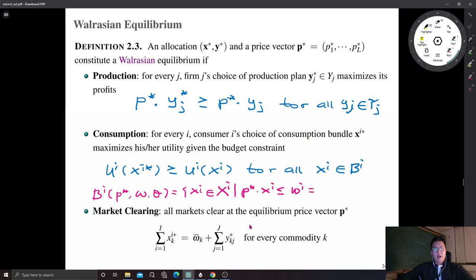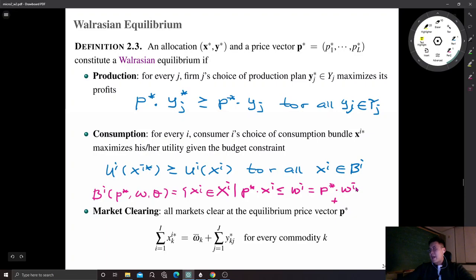This consumer has initial endowment omega, so w i includes the market value of that endowment, the dot product between the equilibrium price vector and the initial endowment. And furthermore, each consumer has ownership shares in several firms, so we have to add profit here, just as in Robinson Crusoe's economy.